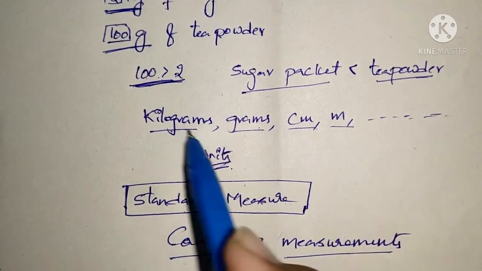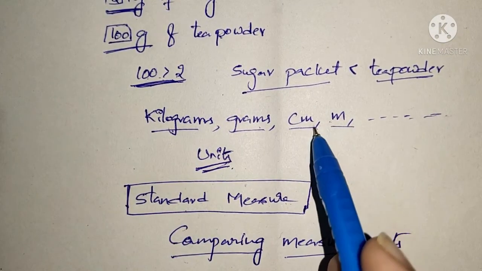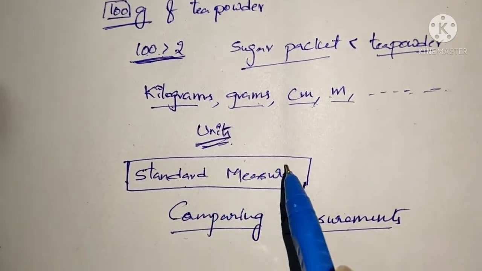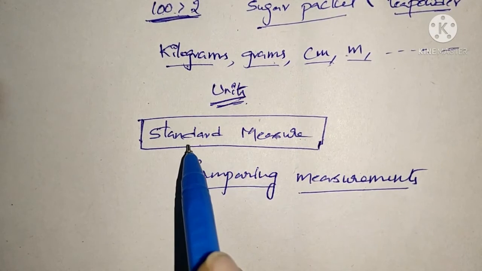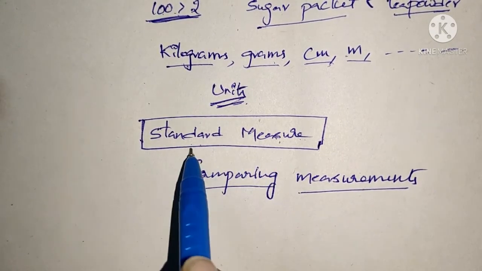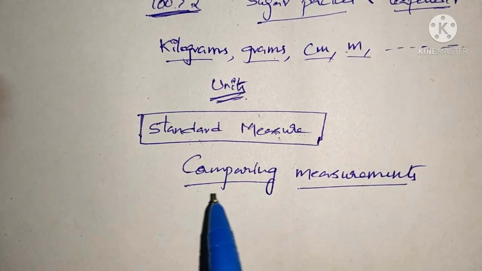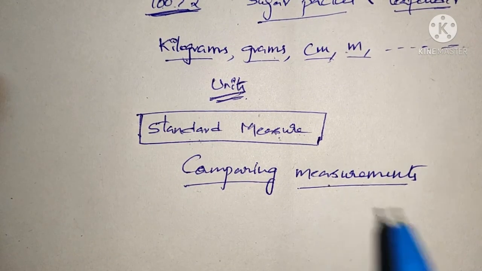These are measuring terms, and these measuring terms combinedly we call units. But the definition of a unit is a standard measure used to compare the measurement.